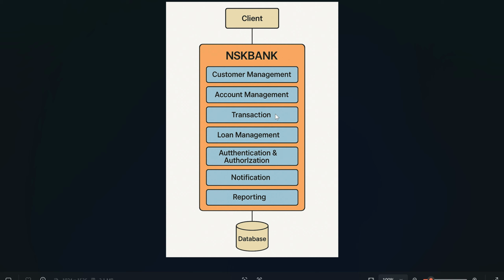Because all these modules are tightly coupled with each other, you can't redeploy the transaction module alone into multiple servers in order to scale the application. So instead you have to redeploy this application into multiple servers.